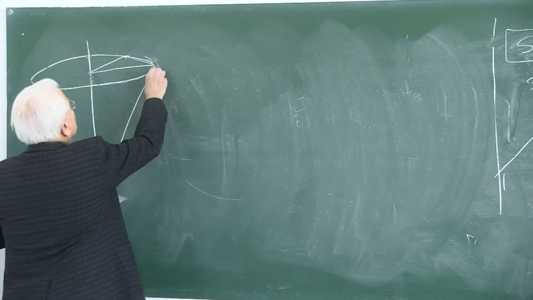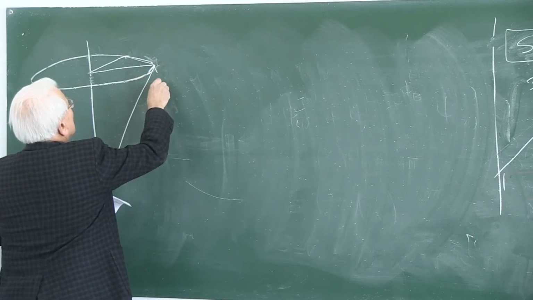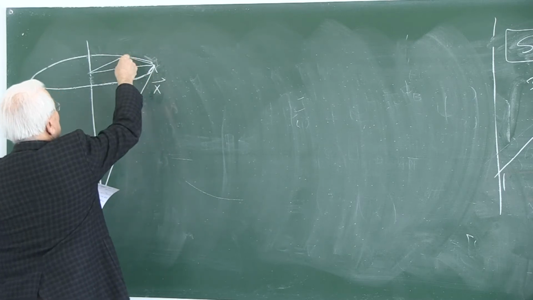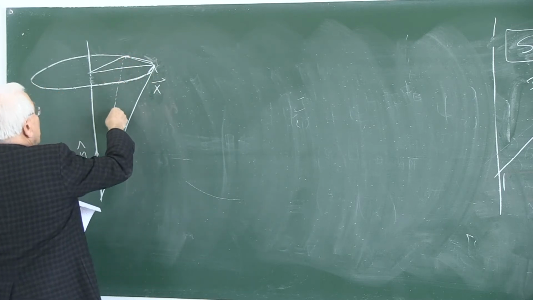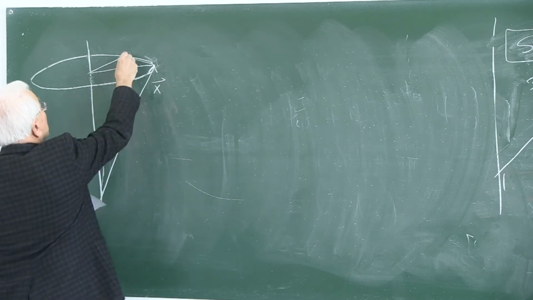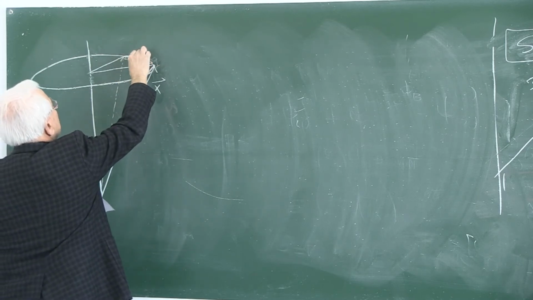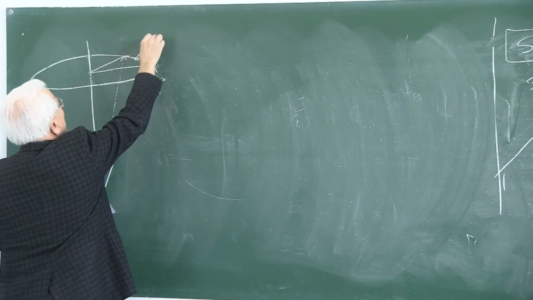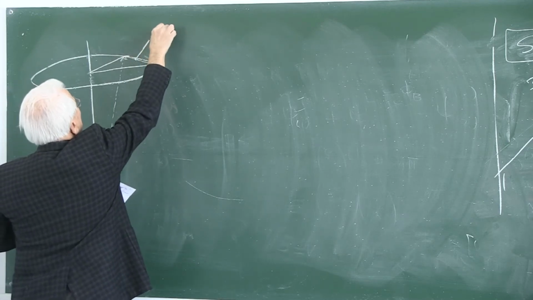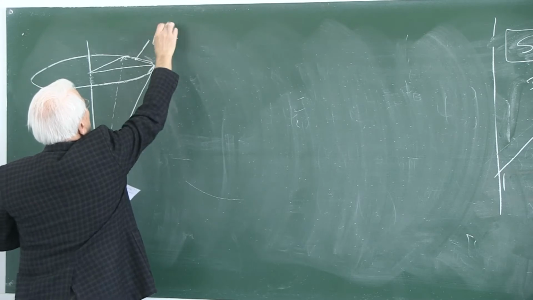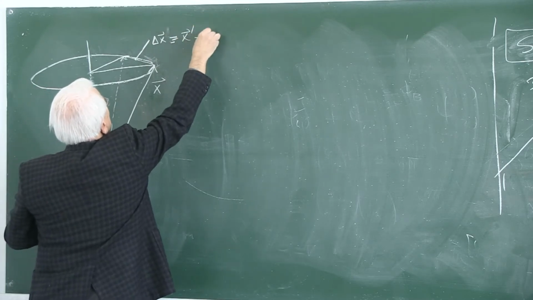Here is the vector x reaching to this point, and here in the back is the x prime vector reaching that point, and this portion I have defined as delta x, x prime minus x.